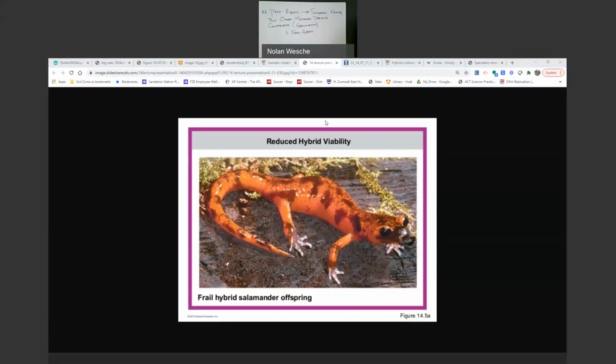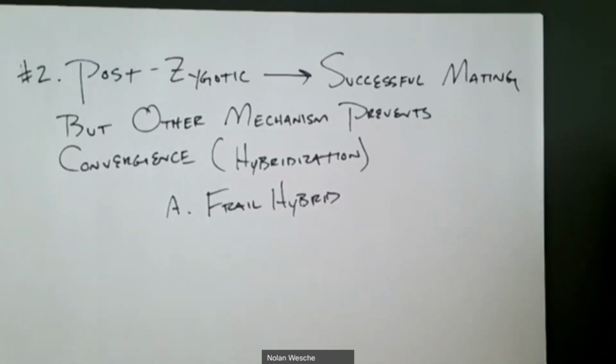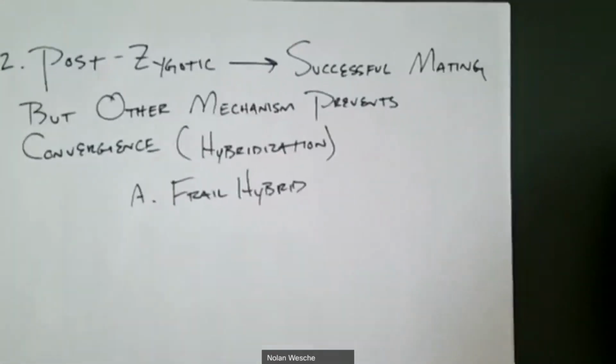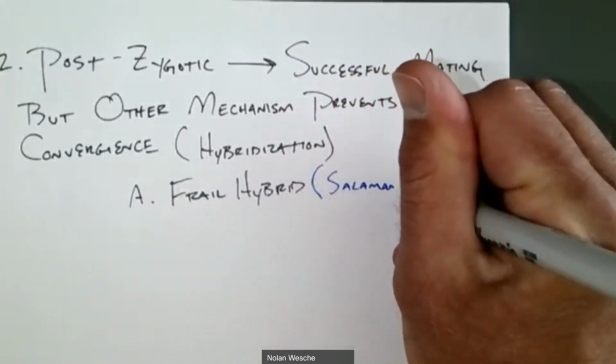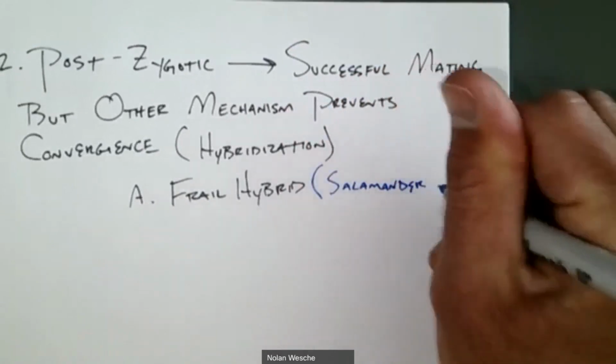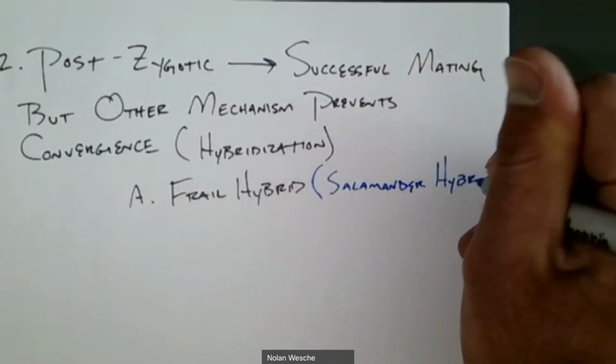And the odds of this breeding with another hybrid or even backbreeding to one of the original salamander species is very low, just because it struggles to meet its nutritional needs. So this would be an example of a frail hybrid. We'll go ahead and record our example here, this salamander hybrid that falls into the frail category.